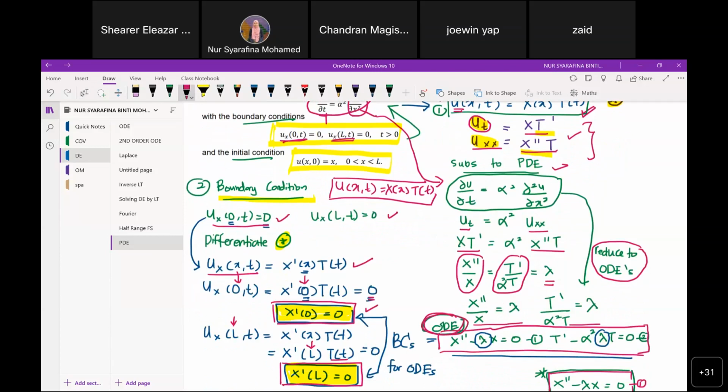Is that clear or not? So this is our second step. We're done with the first step, reduce to ODE. Second step, modifying the boundary condition so that it matches with the ODE that we obtained. All right, clear guys? Anyone has a question?